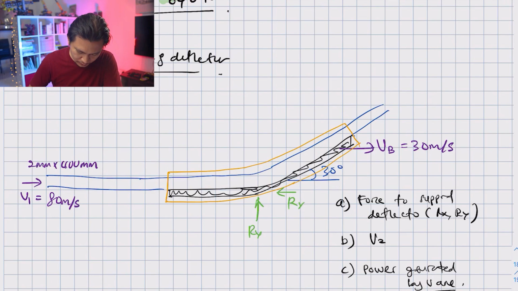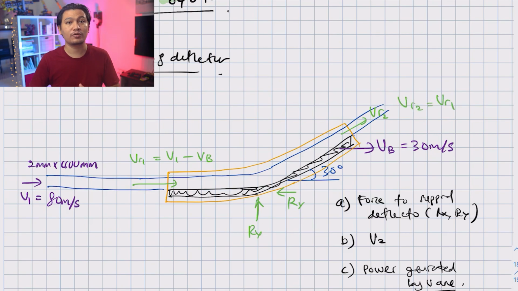The velocity that I need is actually VR1. So VR1 is equal to V1 minus VB. The water exits with VR2, and we know that VR2 is equal to VR1, so it's also equal to V1 minus VB.